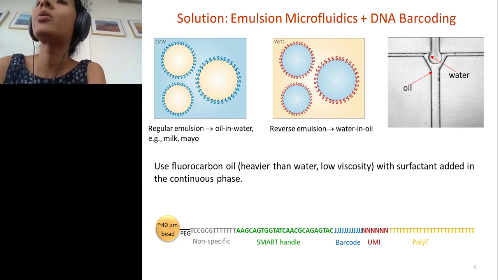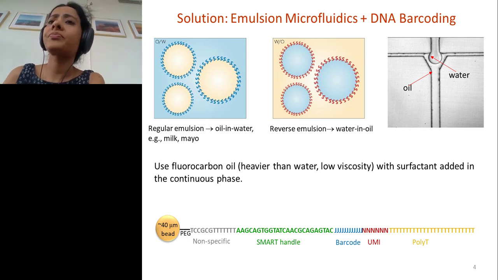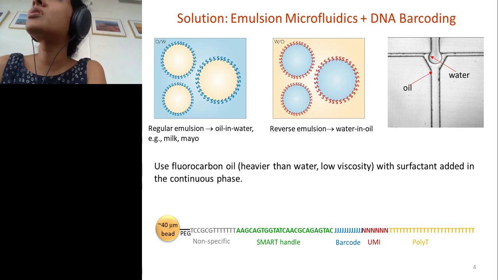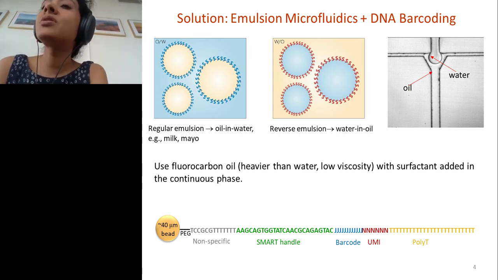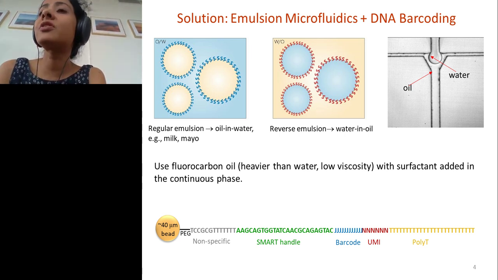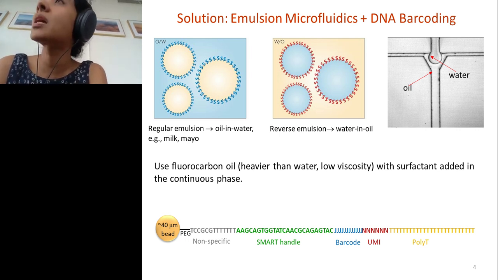For example, fluorescent barcoding. We are going to be using a fluorocarbon oil, which is heavier than water. It has very low viscosity. It is also pretty compatible with living cells.